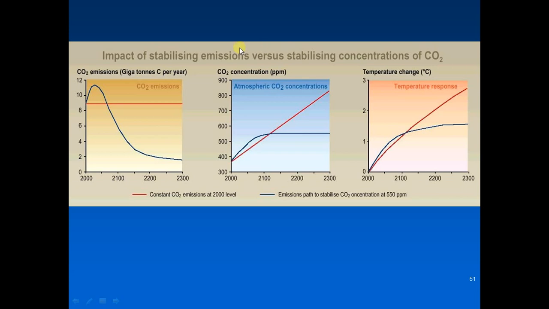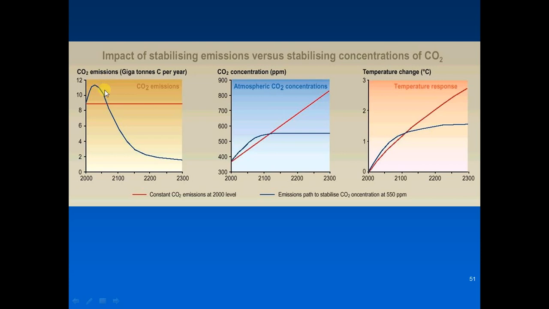So we have another emissions path that's used to stabilize CO2 concentration at 550 parts per million. Typo here, there should be a C in front of the O. So here's this emissions path. In the near future, CO2 emissions rise slightly. They reach near 11 gigatons of carbon per year by mid-century, and then they rapidly decrease.